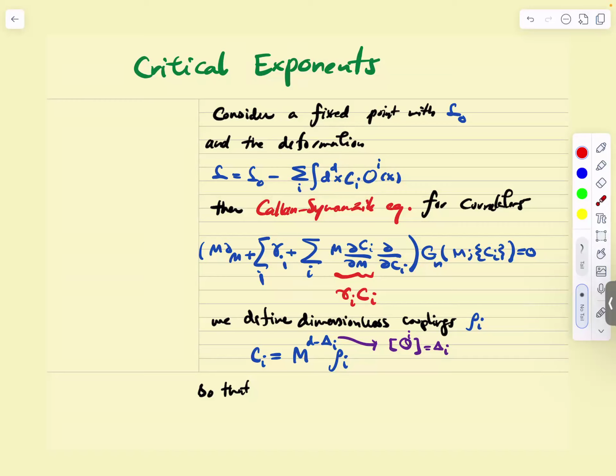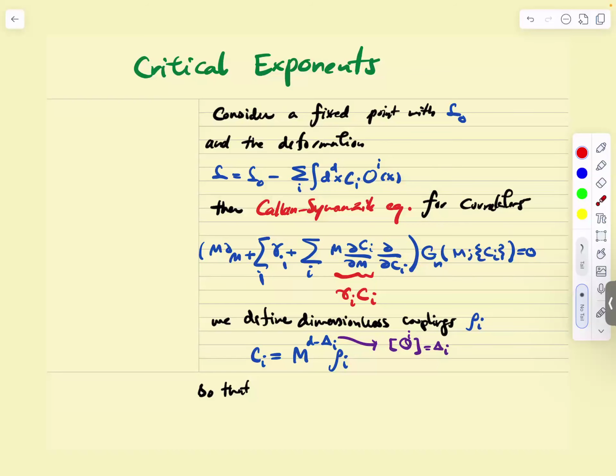So I'm no longer talking about the renormalizable theory where the coupling is dimensionless, right? So the principle of Callan-Symanzik is exactly the same still. So you have M d/dM plus sum over i gamma_i. Now you have M dC_i/dM, del/del C_i of G_n. But now this C_i is dimensionful, right?